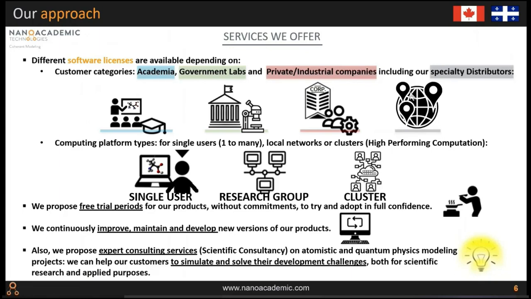Two words about the market we address. Of course, we offer our tools in the entire world, and we are very happy to offer our tools to the Indian market. Our partner, Impulse Technology, offers us the possibility to address your needs. I will mention that later, but for any inquiries, please contact Impulse Technology. So we address the academia market, the government lab market, and of course, private companies as well, R&D from startups to big companies.